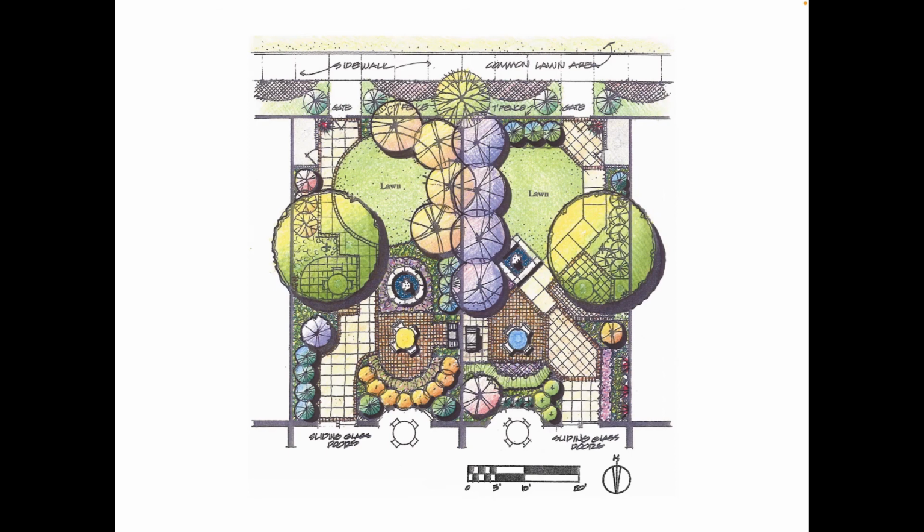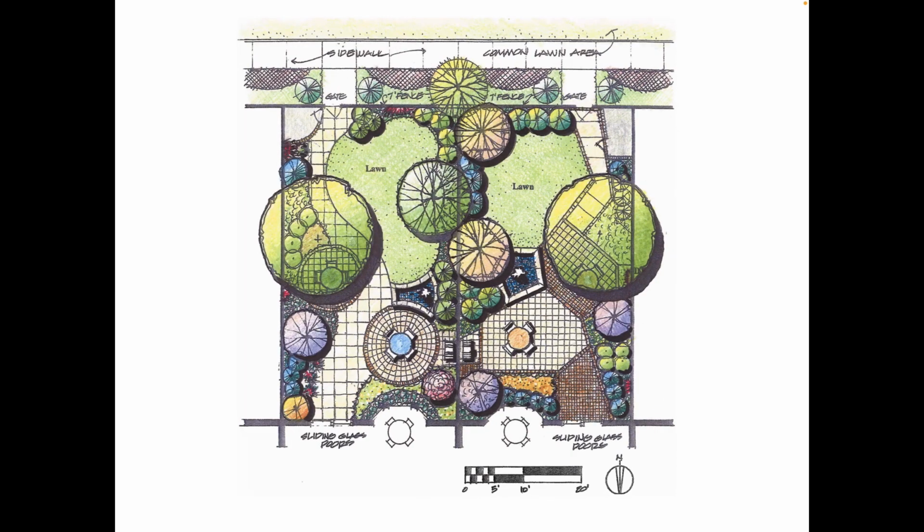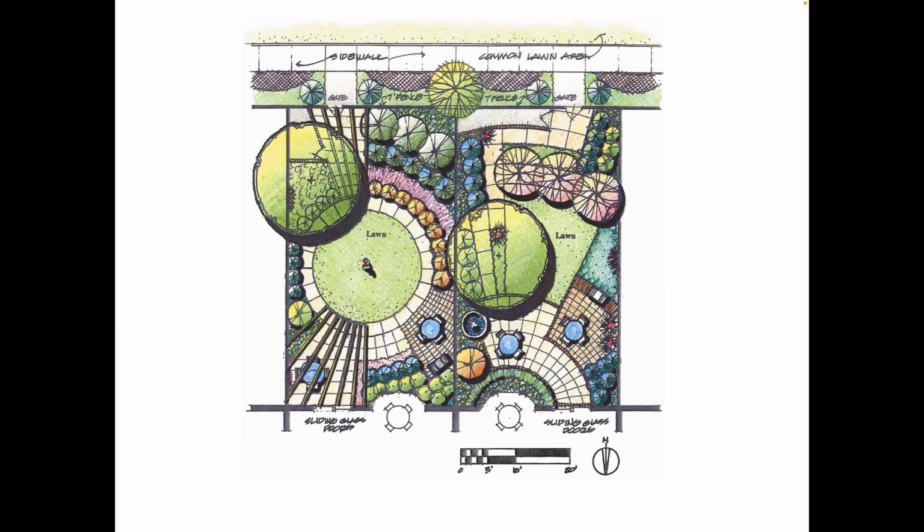Again, same thing. Common lawn areas, sidewalks, two totally different forms, very, very similar development. You want it more naturalistic, or you want angular. Now you can start to see how different forms can work together, creating a similar experience from the homeowner's perspective, but a very different look from the design perspective.